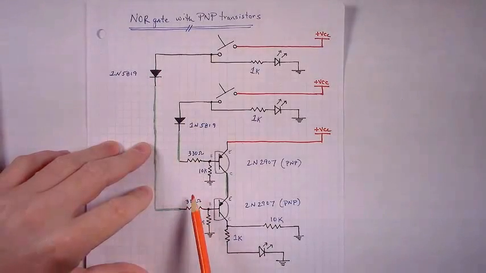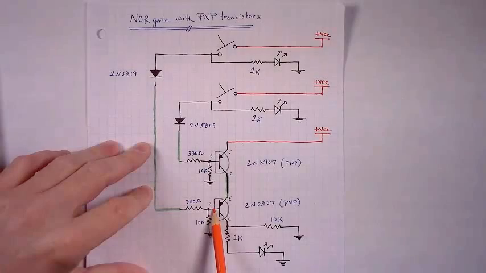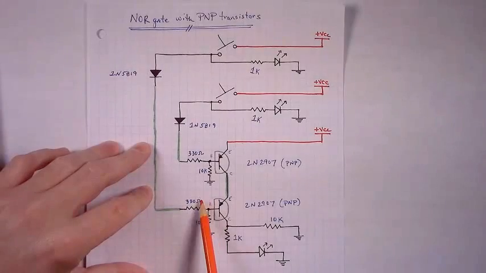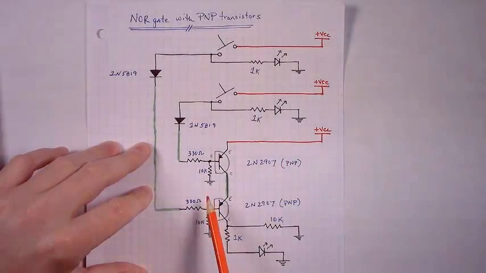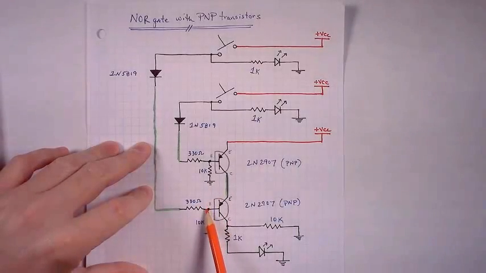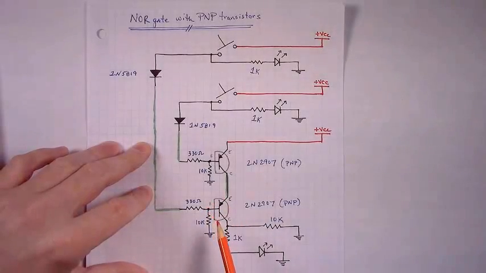We'll lose a few tenths of a volt on that 330 ohm resistor and then reach the base of the PNP. Well, no matter what we lose, we'll have 5.5, 5.4. You can take your multimeter and check it if you use a 6 volt system, but if you use 9 volt or whatever, all that you need to notice is that you will have enough voltage here to cut off the PNP.